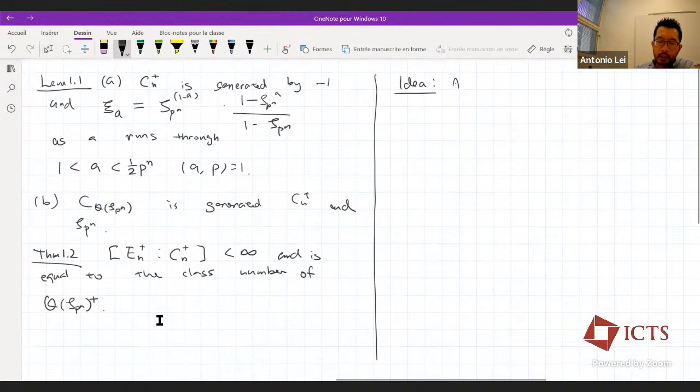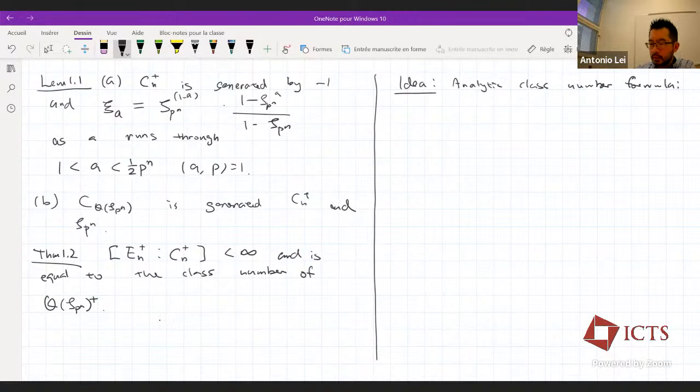So the idea is that we can apply the analytic class number formula, which tells you that the class number is related to some zeta function. The formula says that when you look at the zeta function of an abelian number field K, then you have something like this.